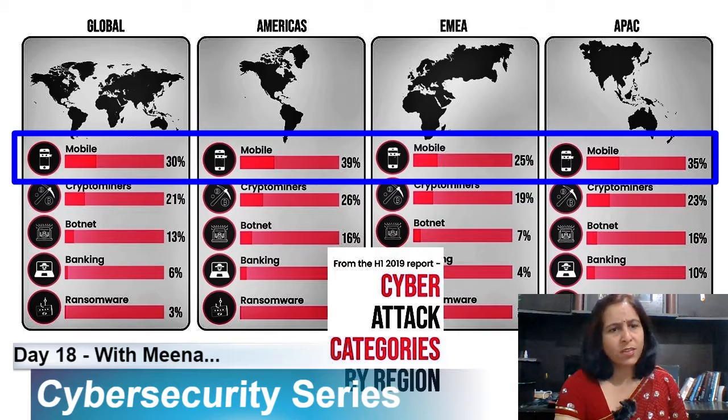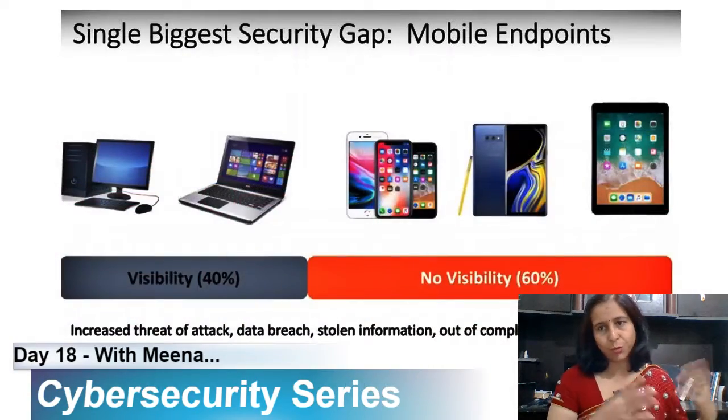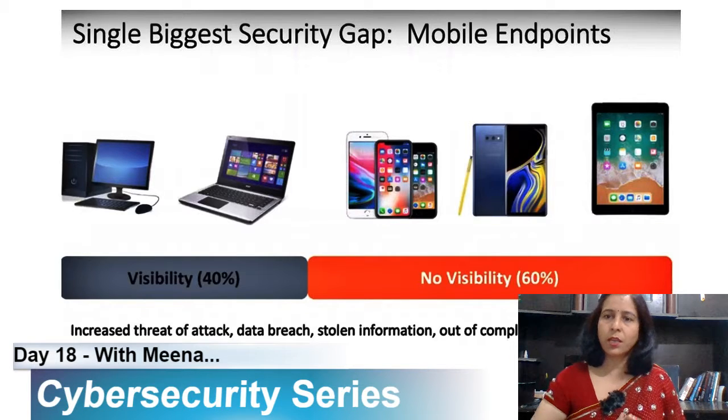Now the question comes: why is this happening? I presented a huge amount of data, so why is this happening? It is happening due to one major thing, a security gap. What exactly is it?